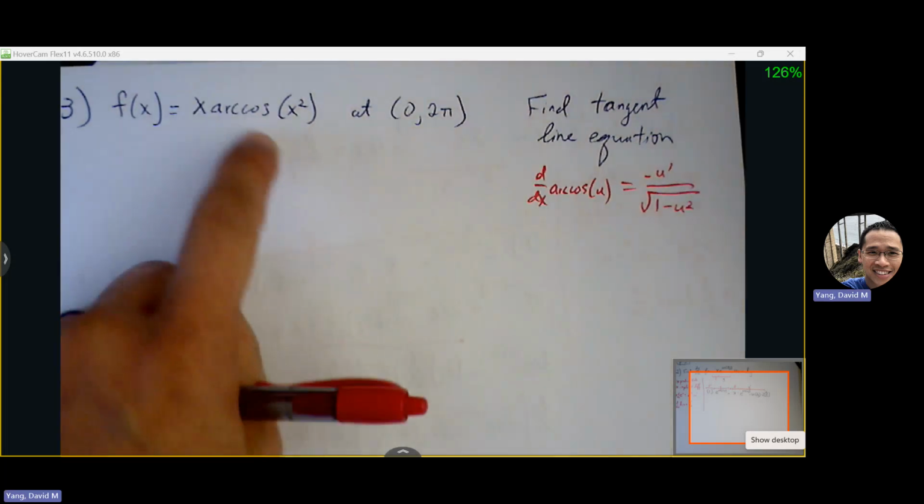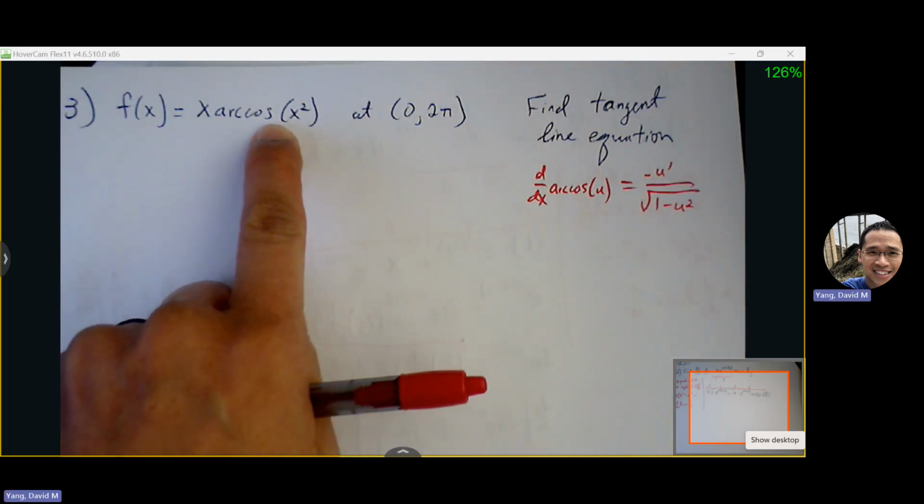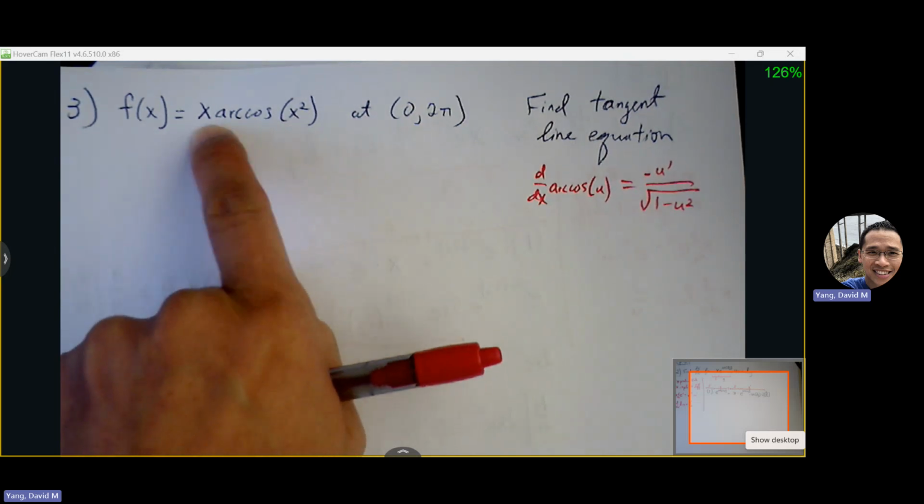And then careful, this is not just arc cosine by itself. We can't jump into this rule and just treat that alone. There's an x in front of it. These are 2 separate terms. We got to go through a product rule as well.